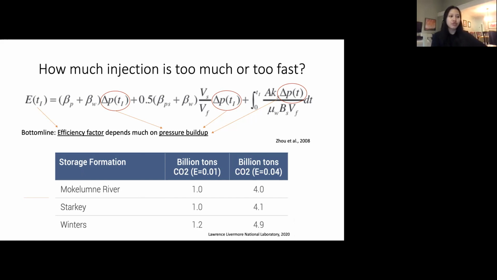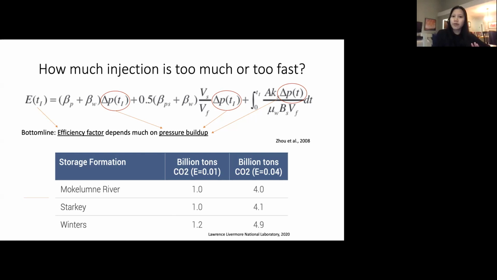Just a little bit of information, maybe someone already knows about this: California is really seismically active, and the geothermal gradient in some areas is higher compared to Texas. Even in some areas, the geothermal gradient is not linear, and the pressure gradient is not linear. So you can see that they're being very moderate about the efficiency factor, which also has something to do with the pressure buildup. They only have a range of 1% to 4% for the efficiency factor.